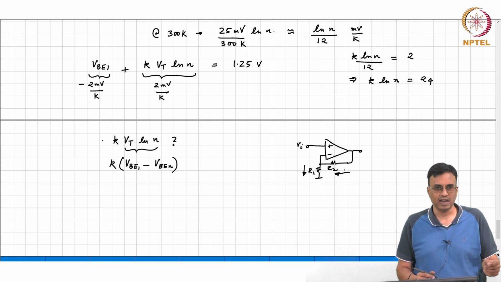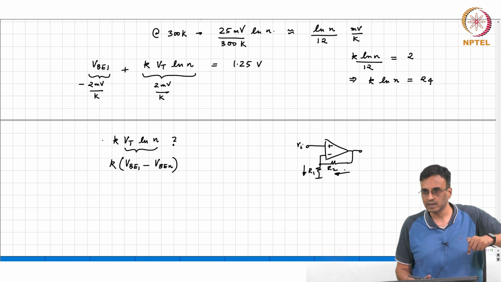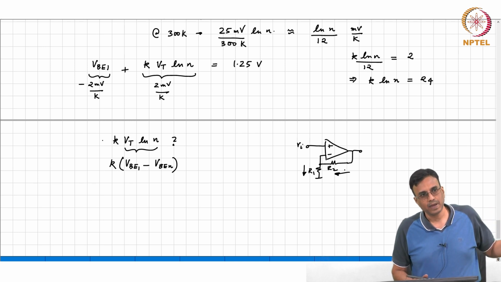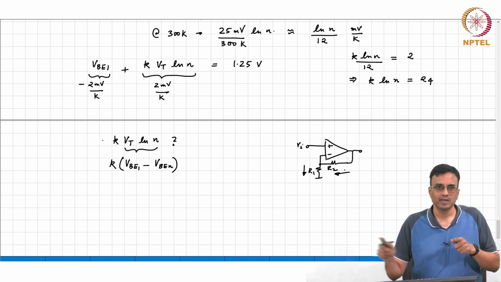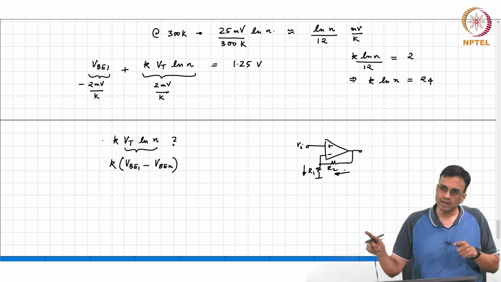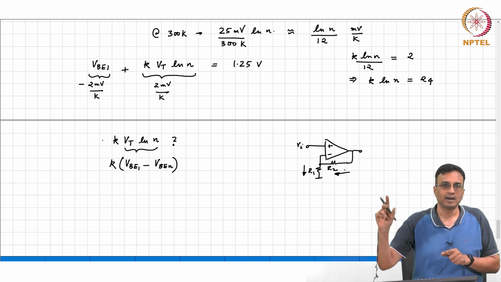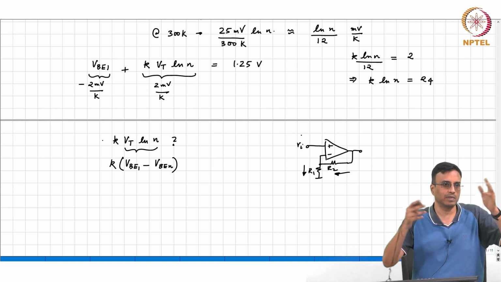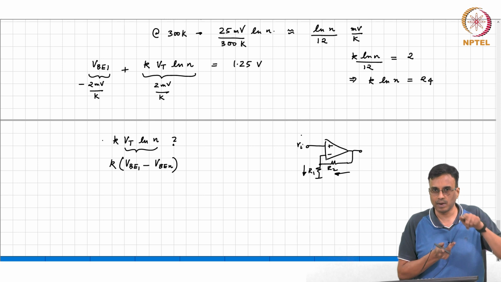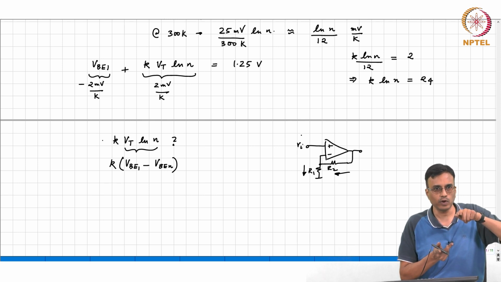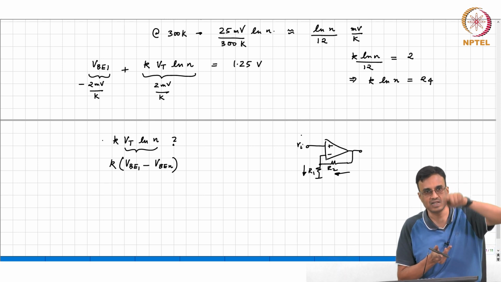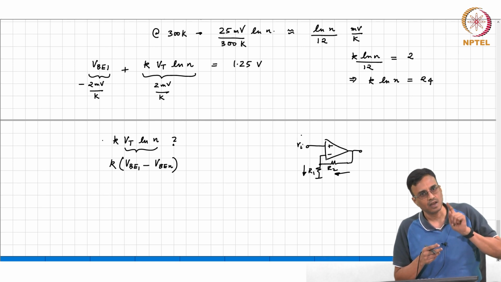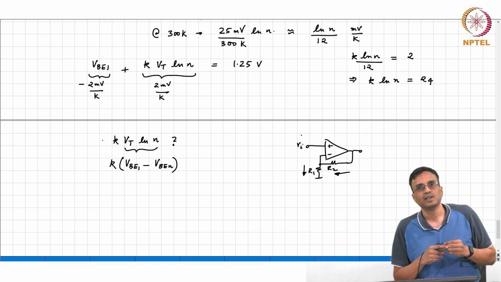That is basically converting the input voltage into a current, pushing that current into a large resistor, and therefore getting a large output voltage. So that is the principle of amplification. Same thing with the common source amplifier. What are you doing? You're applying a voltage between the gate and the source, generating a current which is Gm times the input voltage, passing it through a large resistor in the drain.